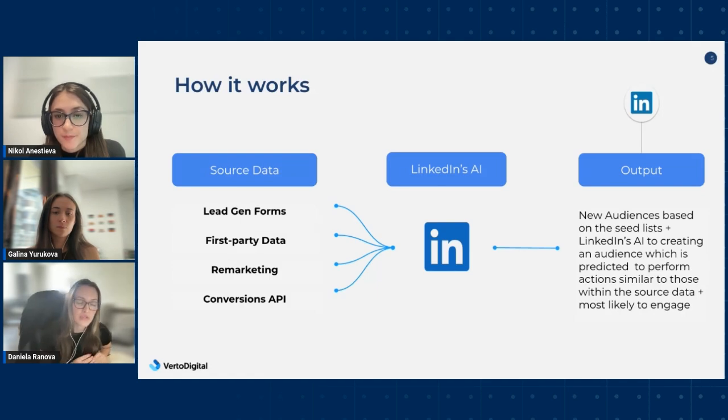Most importantly, the key here is that it finds members that are the most likely to engage in a certain way. So it wouldn't be just members who match certain job titles. It would be members who match certain job titles plus would be most likely to fill out a form, for example. This is quite the key here.